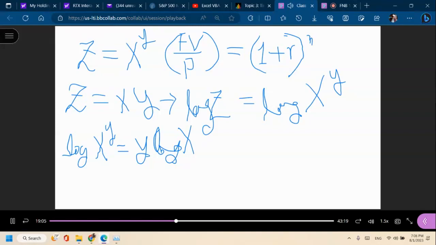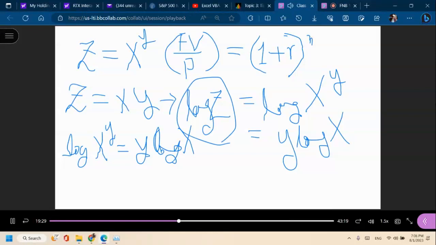Otherwise, this equality won't hold. Okay, so then this can be rewritten as, we all know, y times log of x. Now, what does it look like? The left-hand side is still this. This is the left-hand side, right? And this is the right-hand side.